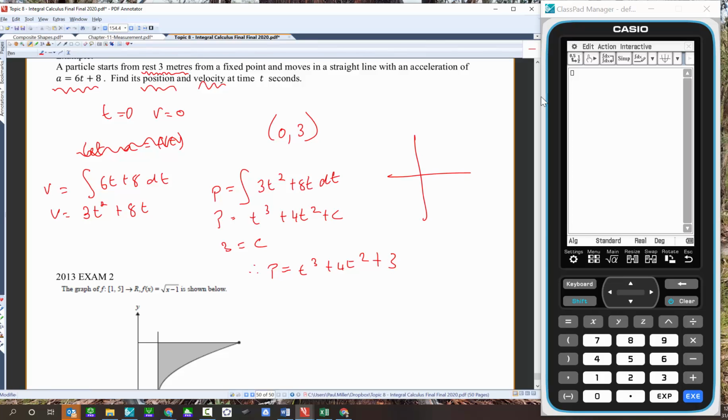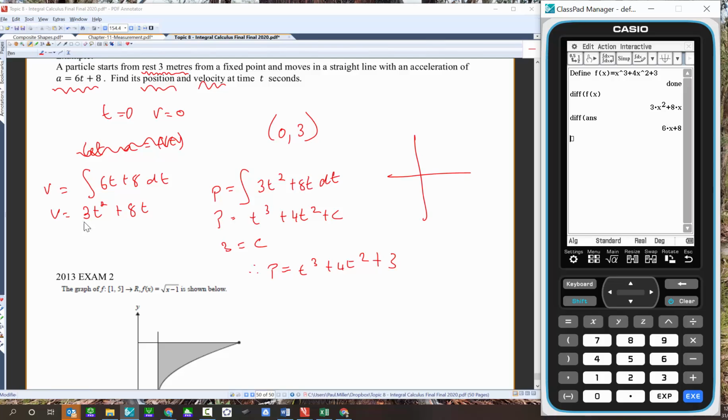Okay, and what you'll note then is that if I define f of x equals x cubed plus 4x squared plus 3, if I diff that f of x, I'm going to get my velocity function, and when I diff the velocity function, I'm of course going to get all the way back to the acceleration function.